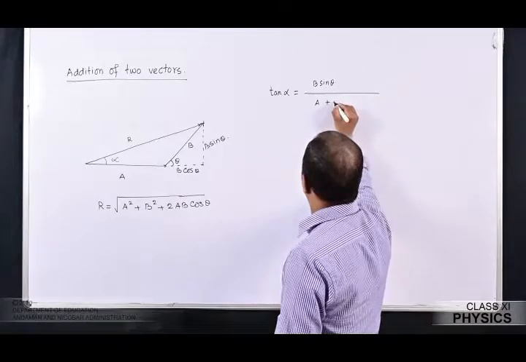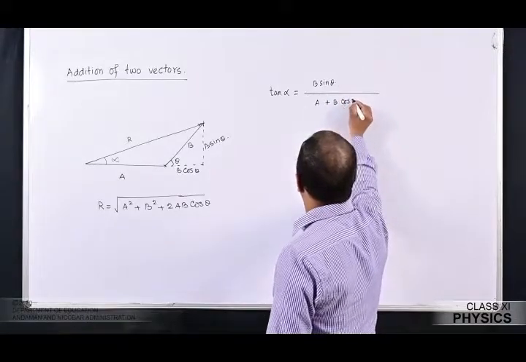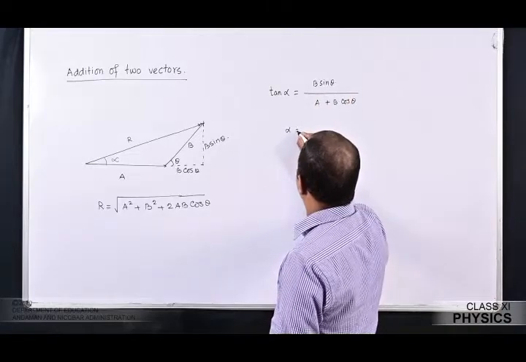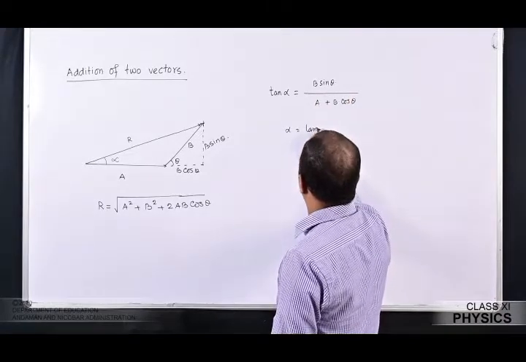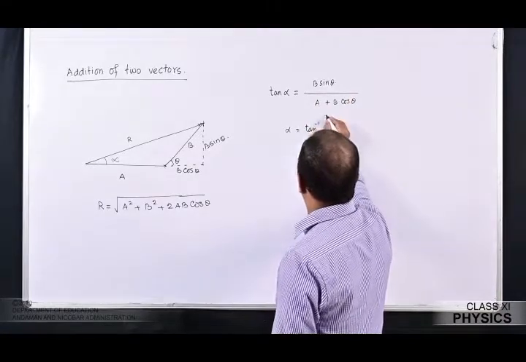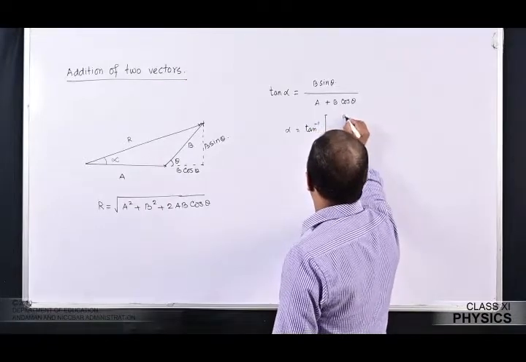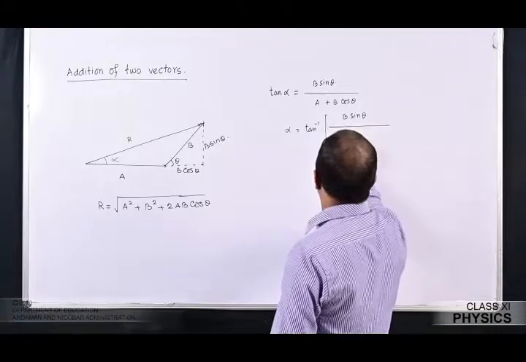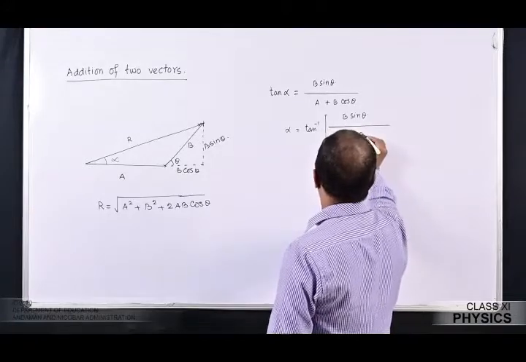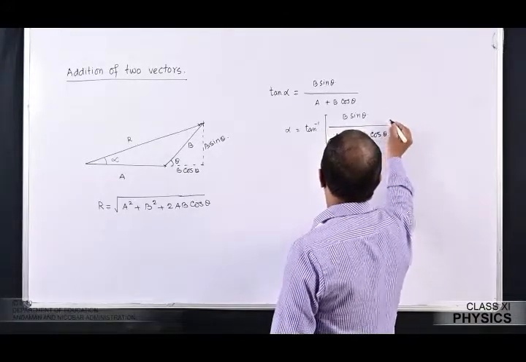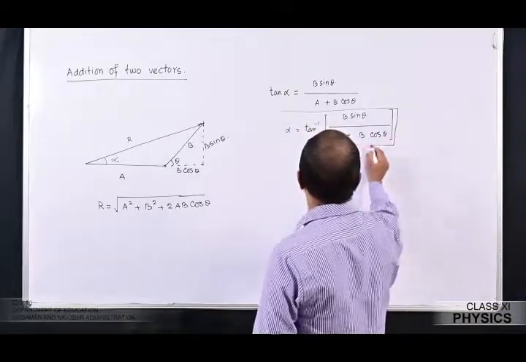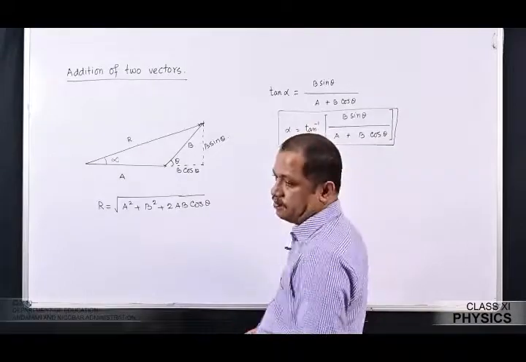So tan alpha is b sine theta over a plus b cos theta. To find alpha, alpha is equal to tan inverse of b sine theta over a plus b cos theta. So this way I can find the direction of the resultant vector R.